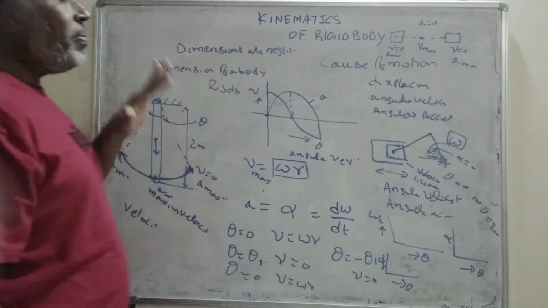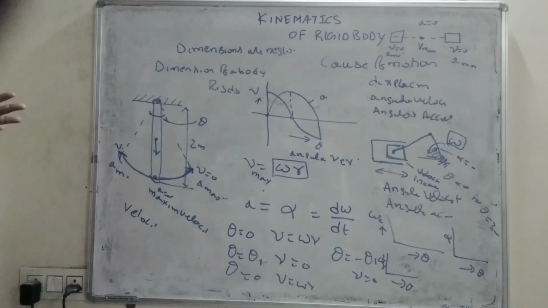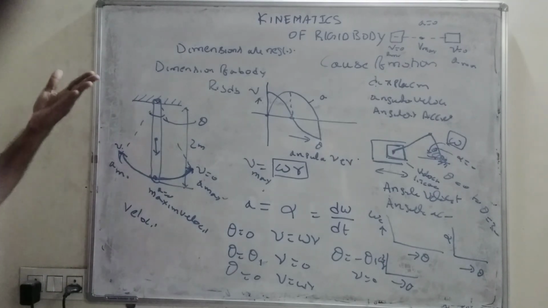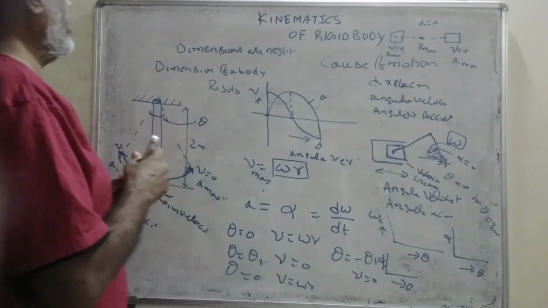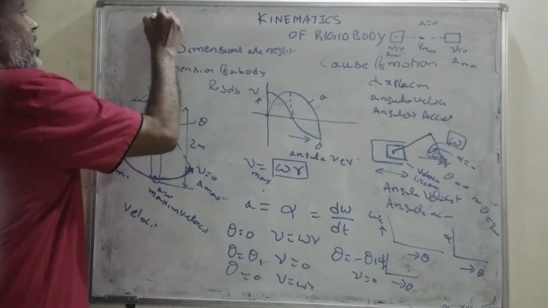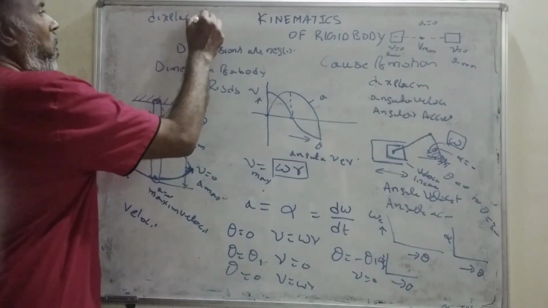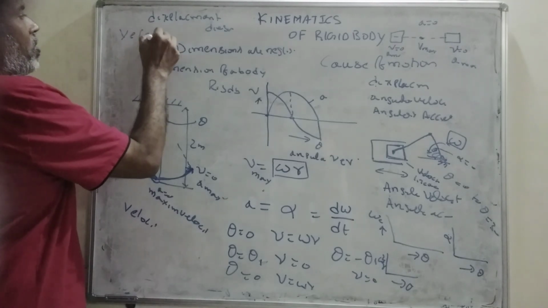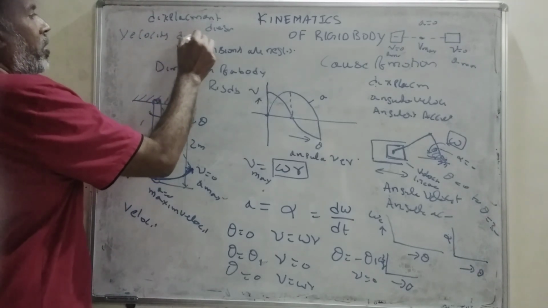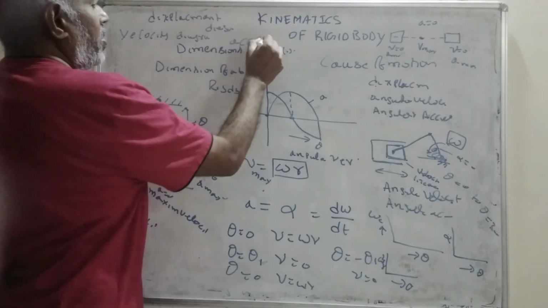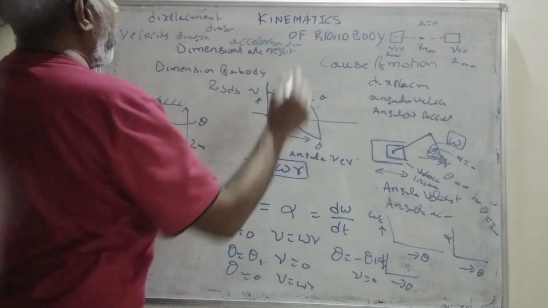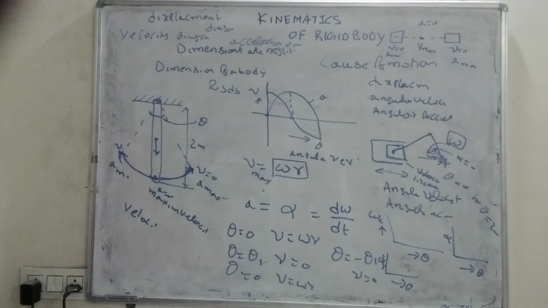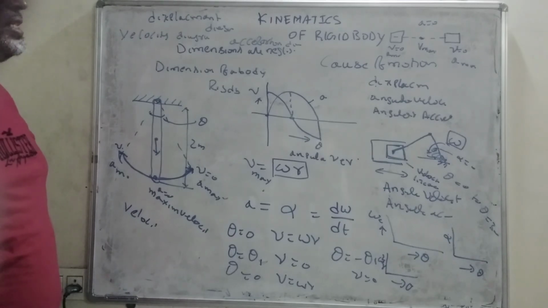So in the kinematics of rigid body, we are trying to find the displacement diagram, velocity diagram, and acceleration diagram. So this is what I can say about kinematics of rigid body.